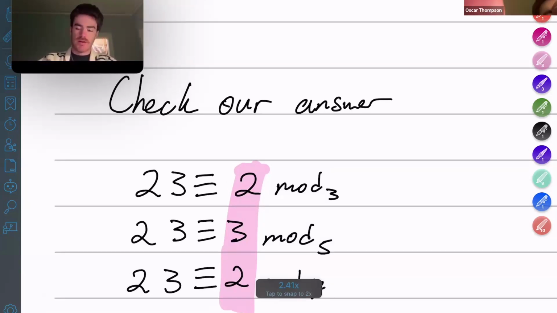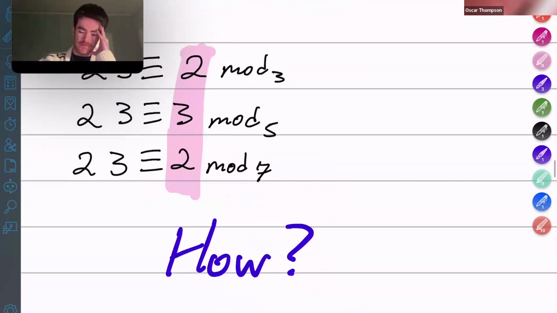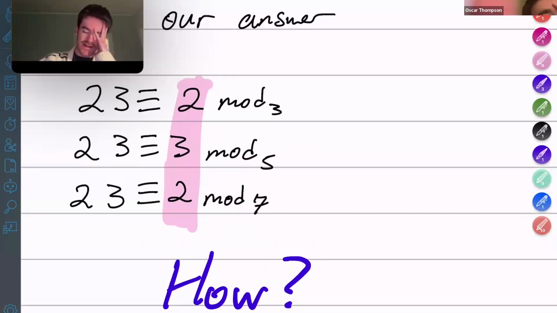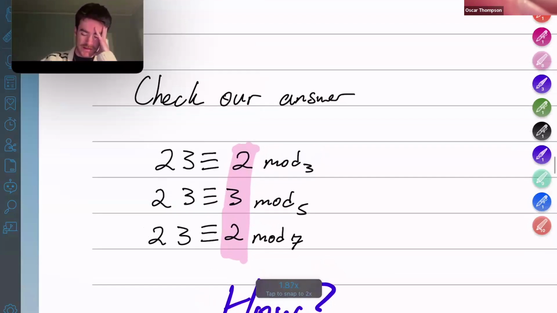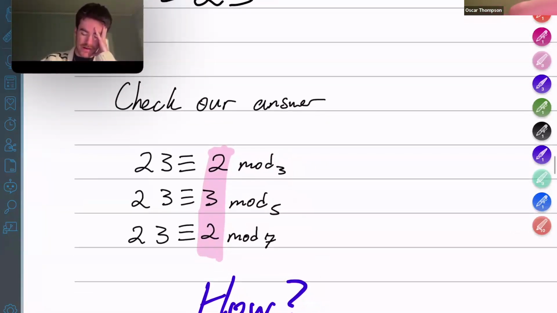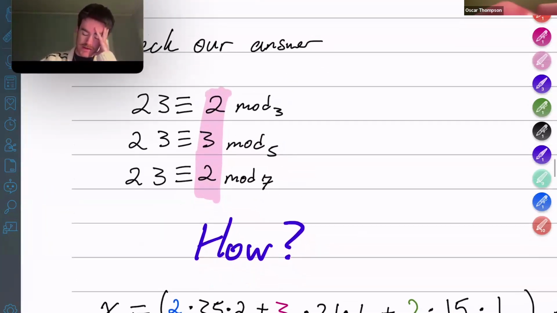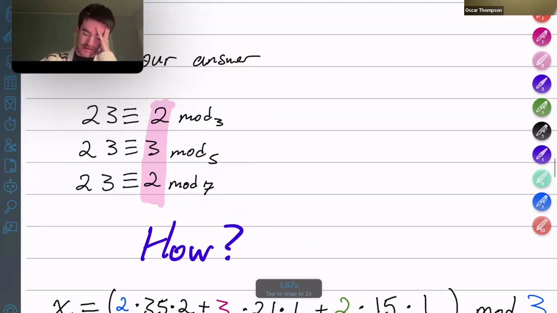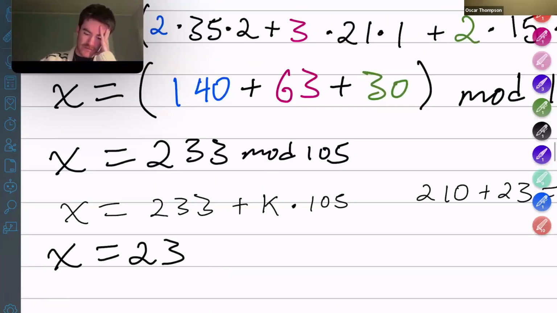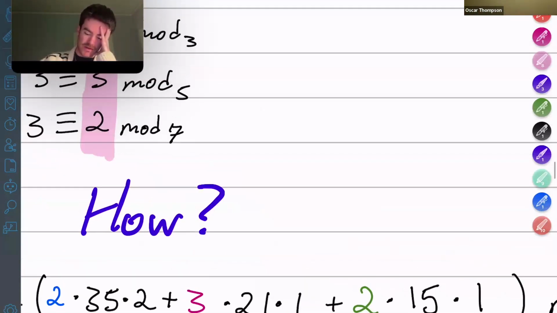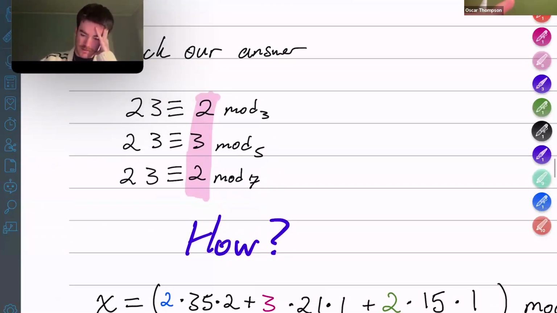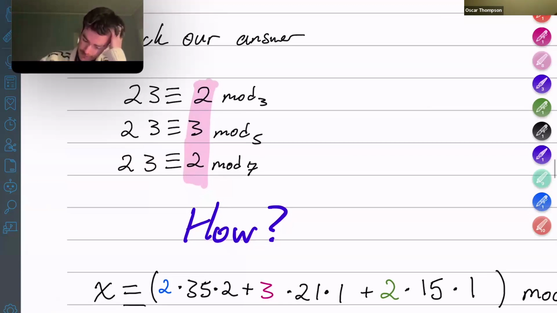But you may still be asking, as I was once I got here, how did this work at all? The proof is rather lengthy, but a really nice way to understand it is this. Instead of having mod 105, let's have mod 3, and think about this in terms of mod 3, because this still should work.